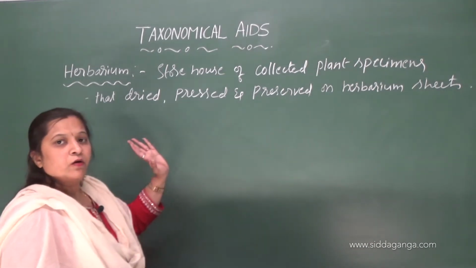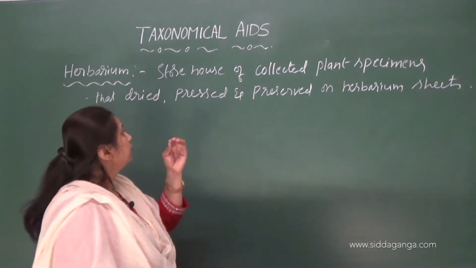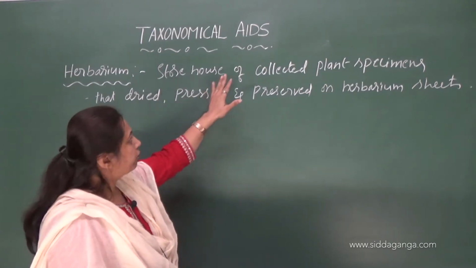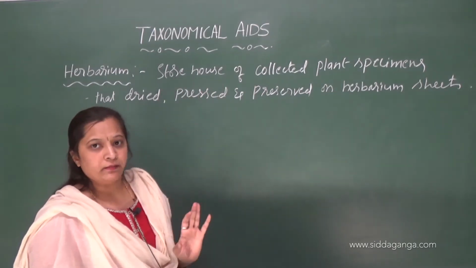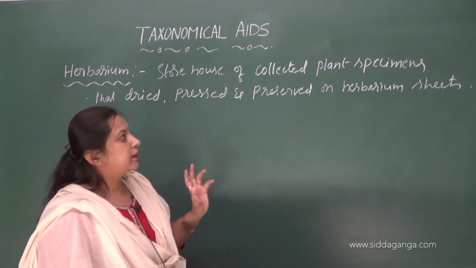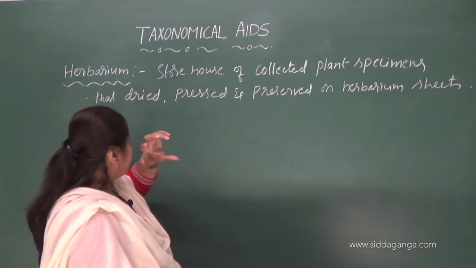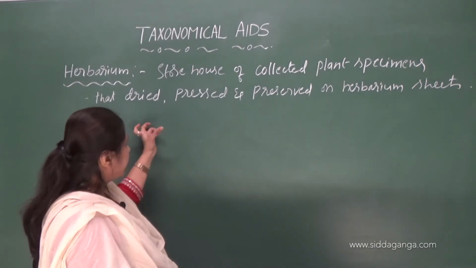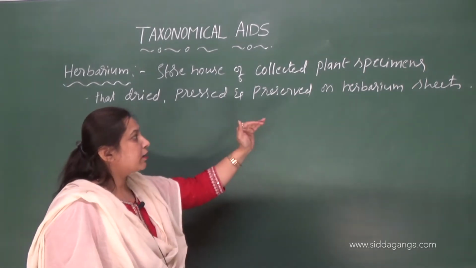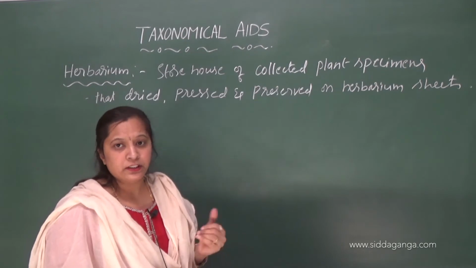It is a storehouse of collected plant specimens, not live plants. So the plants are collected, dried, pressed and mounted on the herbarium sheets.